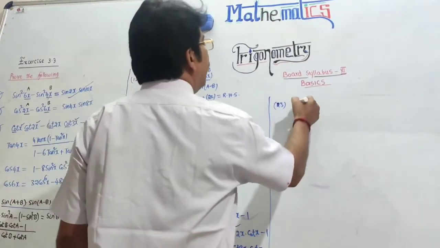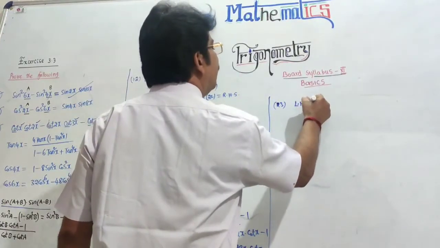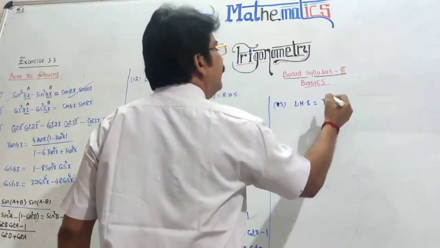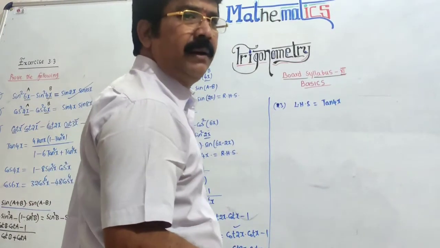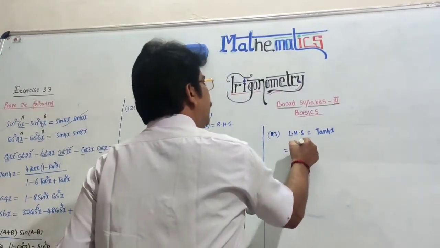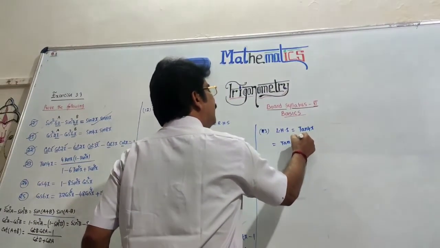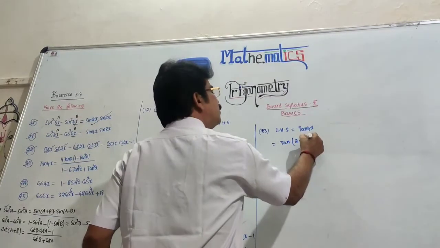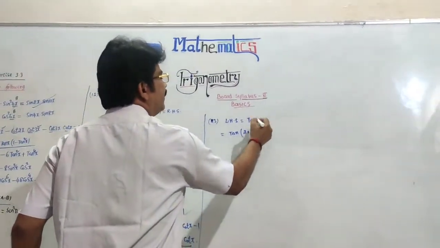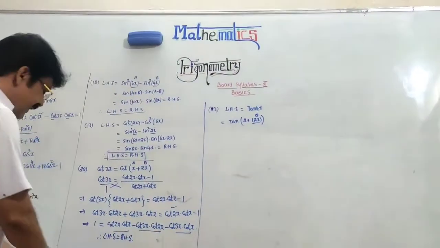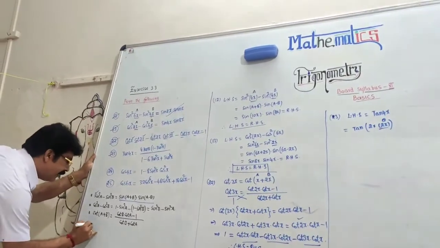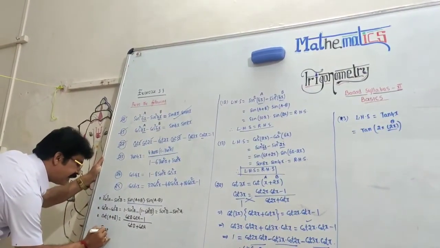Let us consider LHS. LHS equal to tan 4x. We don't have a tan 4x formula. We have only the tan 2x formula. So that's why let us express it as 2 into 2x, like that. Let 2x be theta. Then tell me the tan 2 theta formula, or tan 2a.